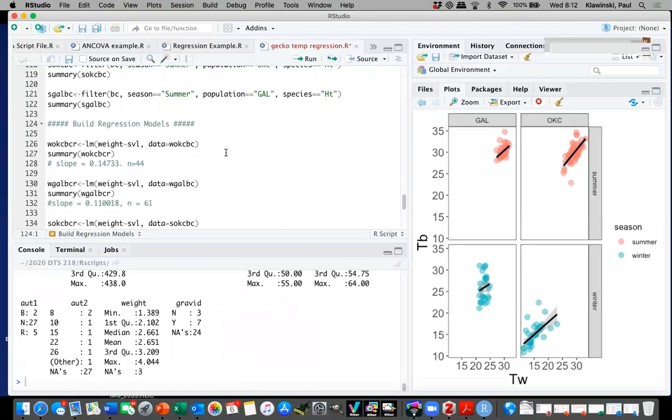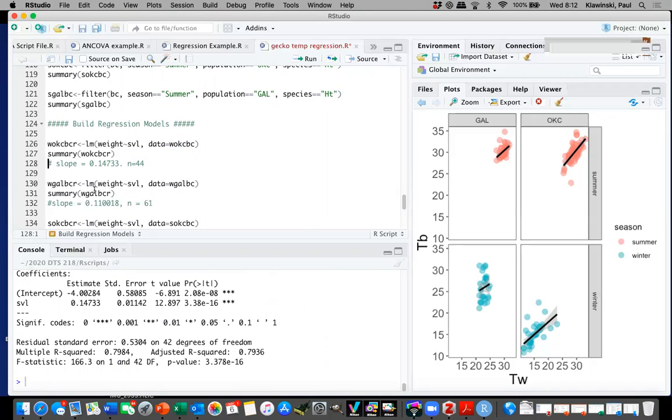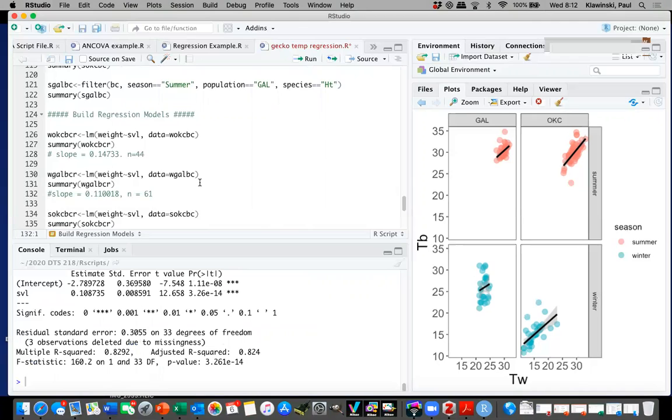So this is the part that I wanted to get to, actually. When we run this analysis, I'm going to name a new analysis here: weight versus snout vent length with the Winter Oklahoma City data. And now my slope value hasn't changed at all because Cyrtopodion scabrum doesn't live in Oklahoma City. When I do the Galveston analysis, I'm going to find a different slope value because I had two species in there.